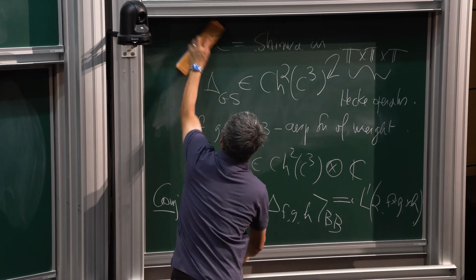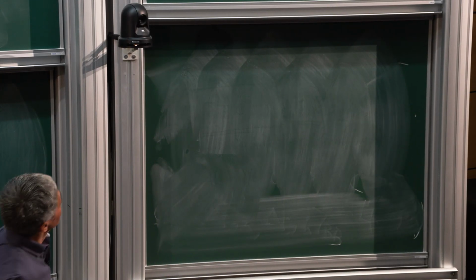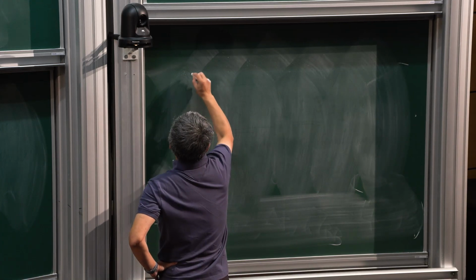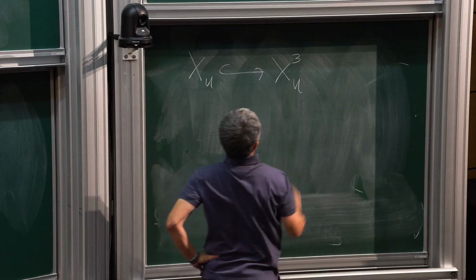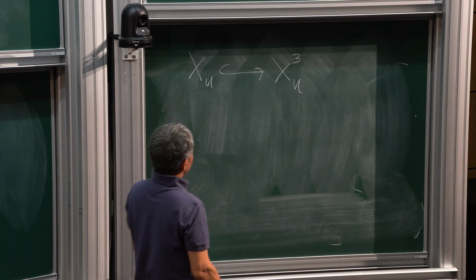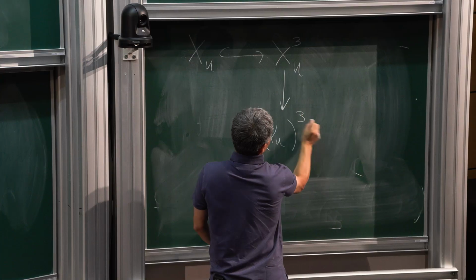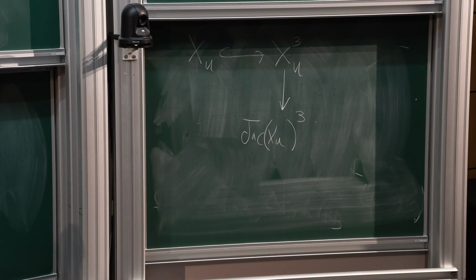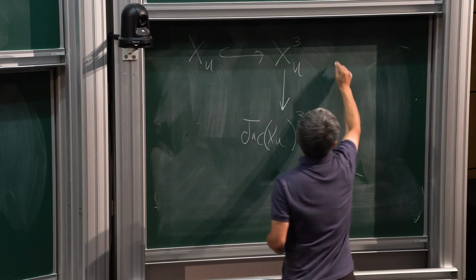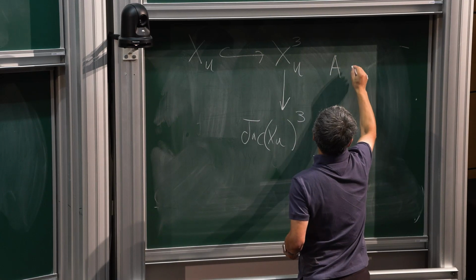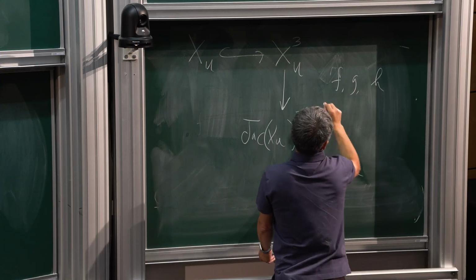So in the tower of Shimura curves, of course you have X_U embedding into the Jacobian of X_U, and then you map it to the abelian variety A. Suppose you have three Hilbert modular forms f, g, h.